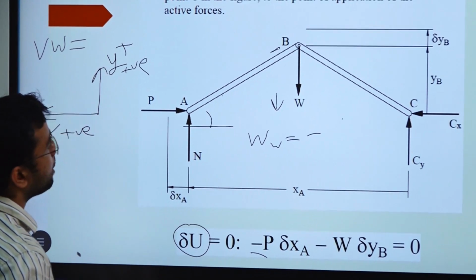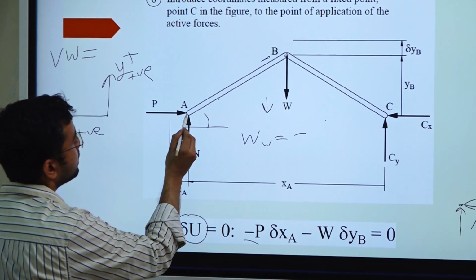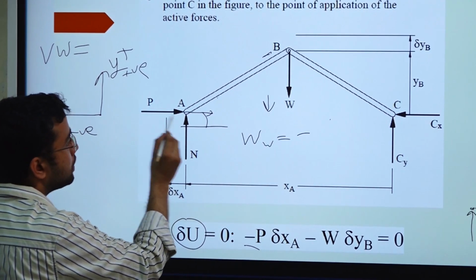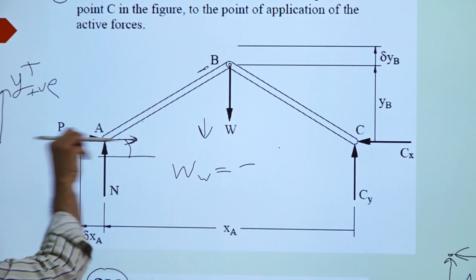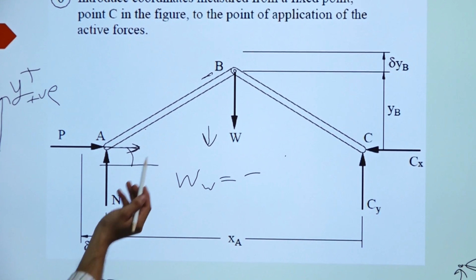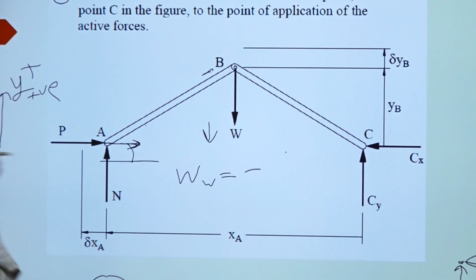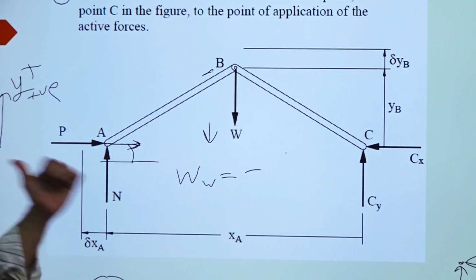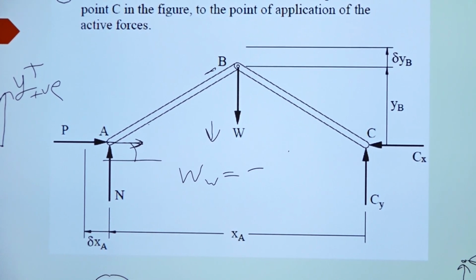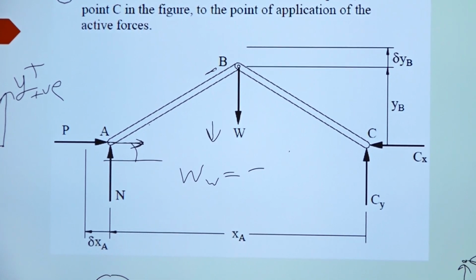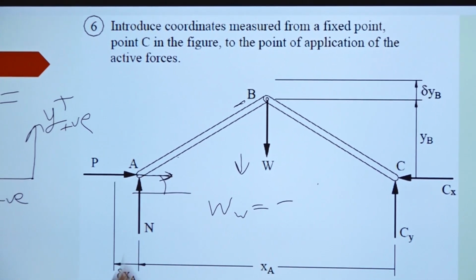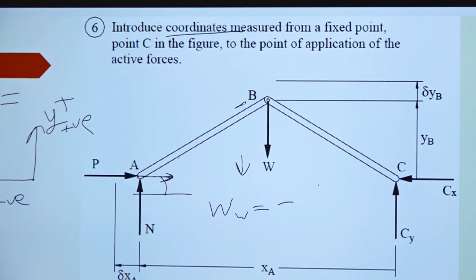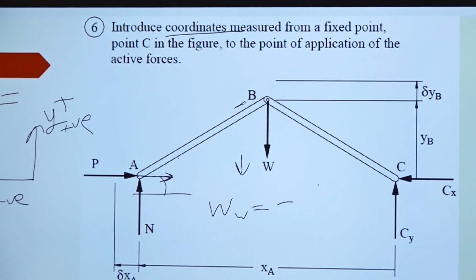X is happening in this direction, P is also in the same direction, but in our coordinate system we assumed toward left will be positive X direction, right? So that's what they are changing: introduce the coordinate method, so that type of coordinate they have assumed at point C, right?